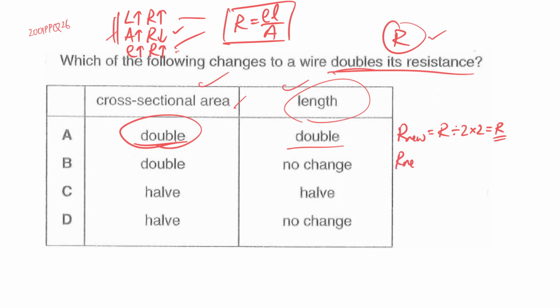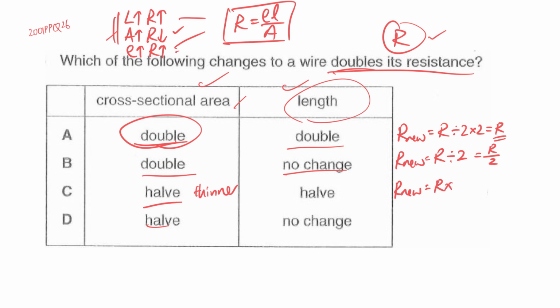Let's do the second one. Starting with the original R, the cross-sectional area doubles, resistance will be half, and the length no change, that's all. So the final resistance for this one will be R over 2, which is not what I want. Let's start with the half. Because the cross-sectional area is half, so it's thinner, therefore the resistance will be double.